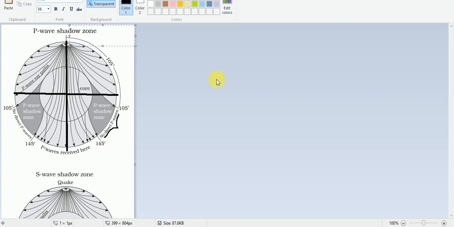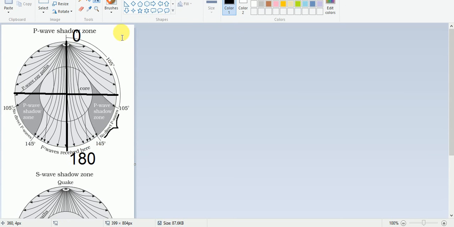Okay, and here this is 0 degree, and here this is 180 degrees. And see here, the angle found here is 105 degrees.